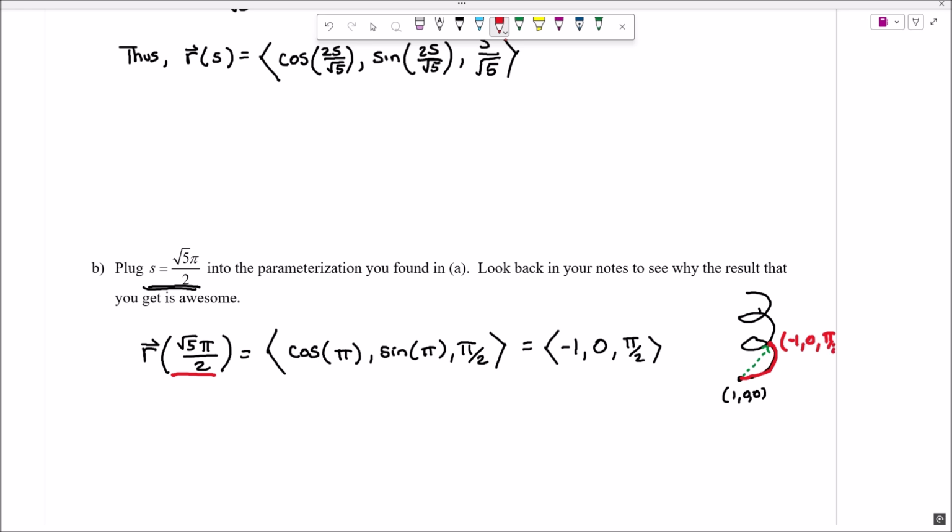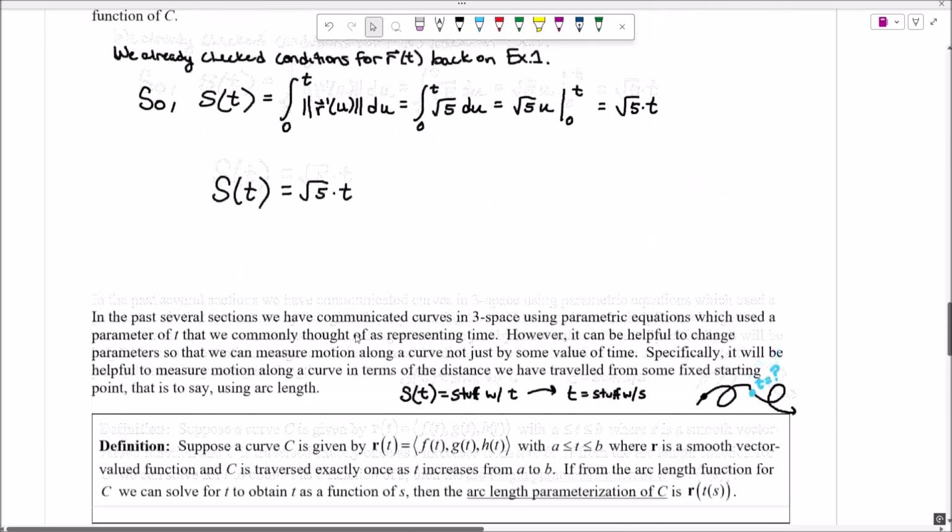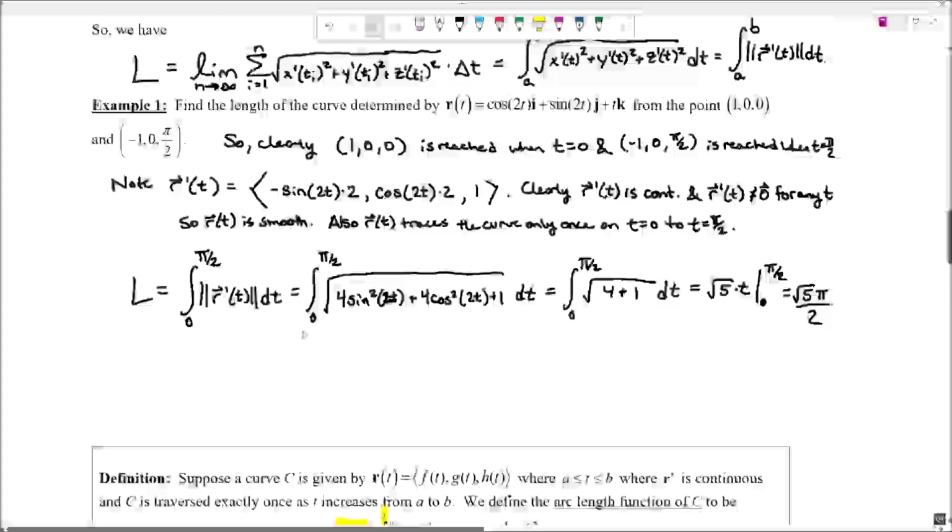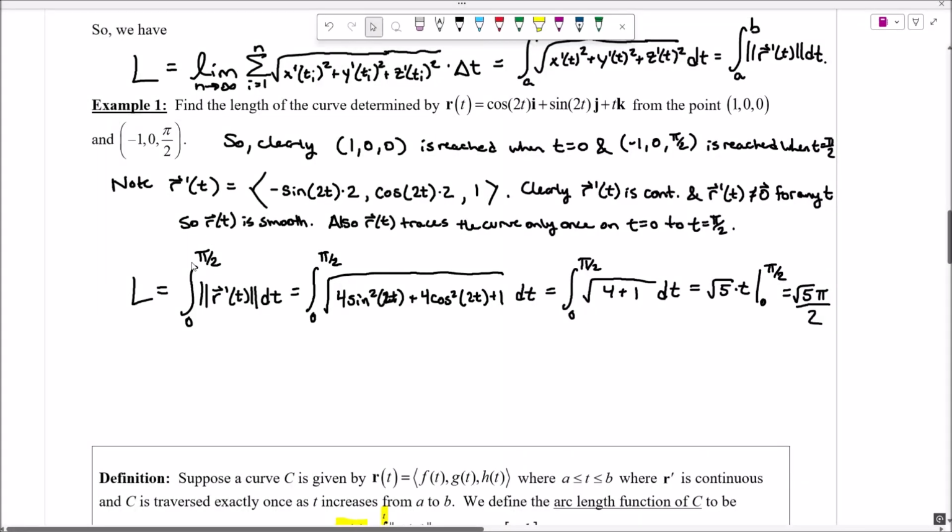And that should actually make perfect sense as to why I've landed at that point. Because take a look back at our previous examples. We saw back in example number 1 that the total length of the curve from 0 to pi over 2 was this distance.